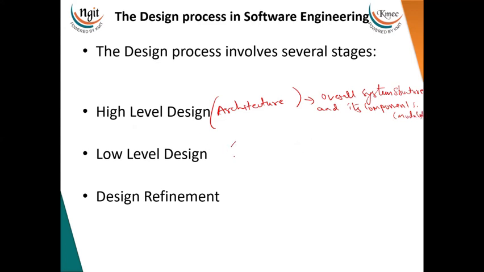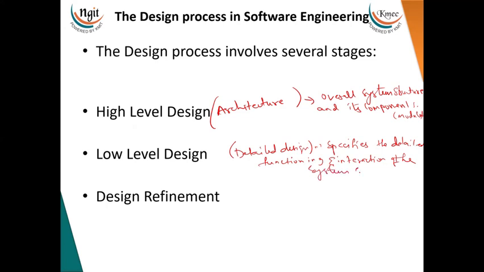Next is low level design, a detailed design, which specifies the detailed functioning and interaction of the system components.